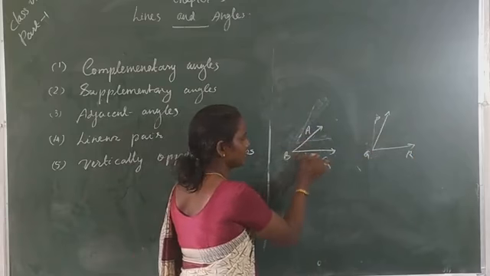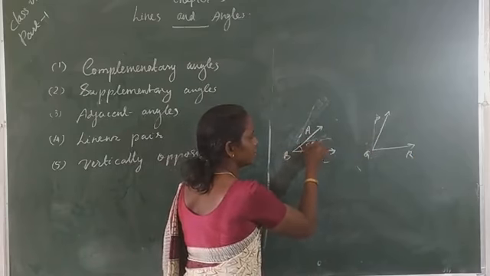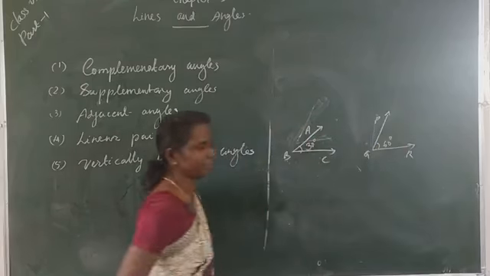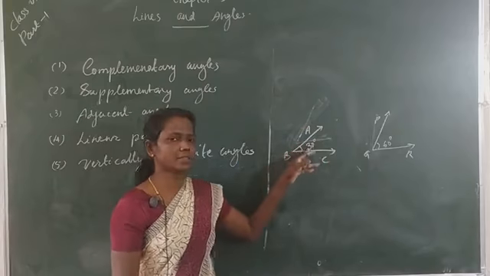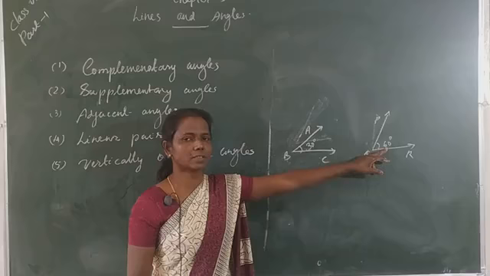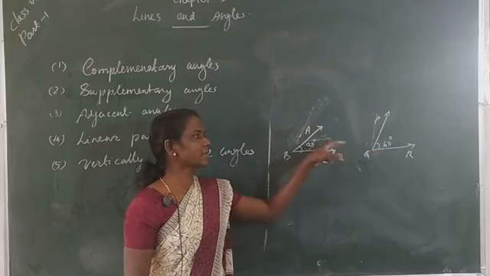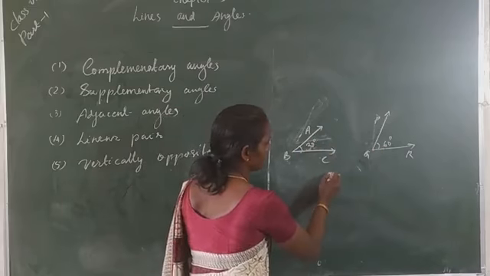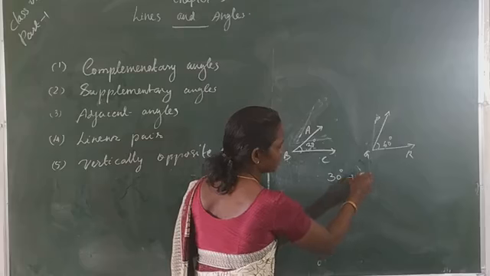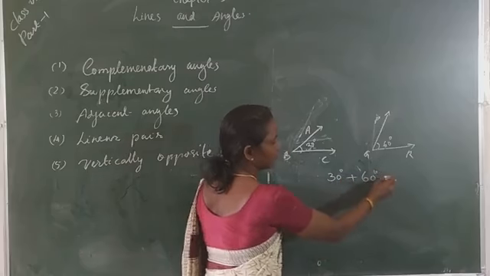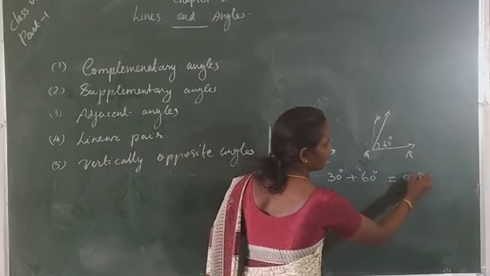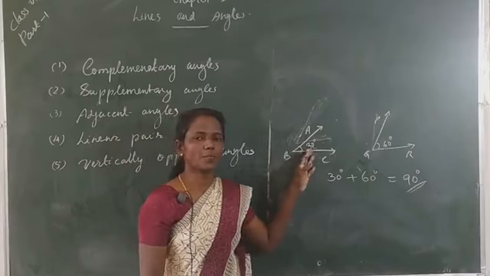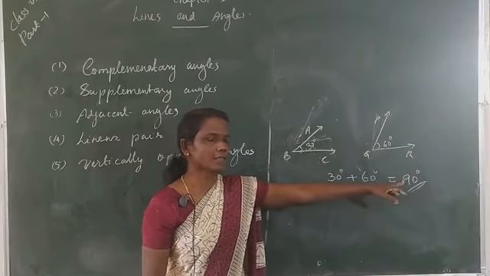Angle ABC is 30 degrees and the other is 60 degrees. What is the sum when we add these two angles? 30 degrees plus 60 degrees is equal to 90 degrees. The sum of the two angles is 90 degrees.